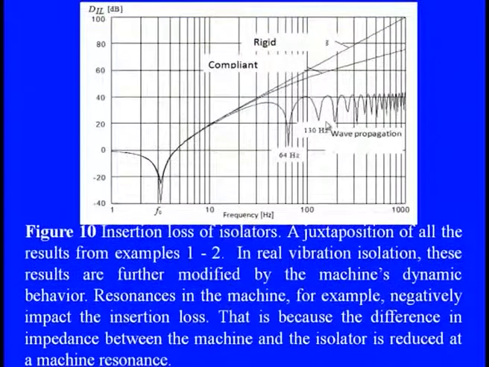So here the insertion loss of the isolator is shown, and we can see that in the previous two cases, in which the stiffness and everything is considered, in the real vibration isolation the insertion loss varies with the low frequency, the mounting resonance frequency, and the higher frequencies.